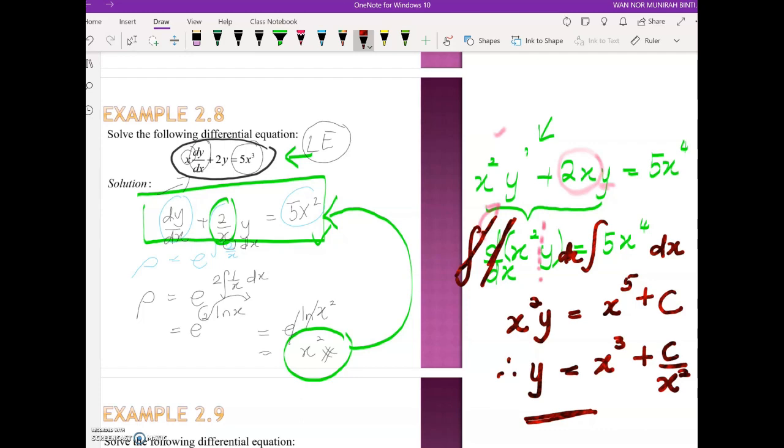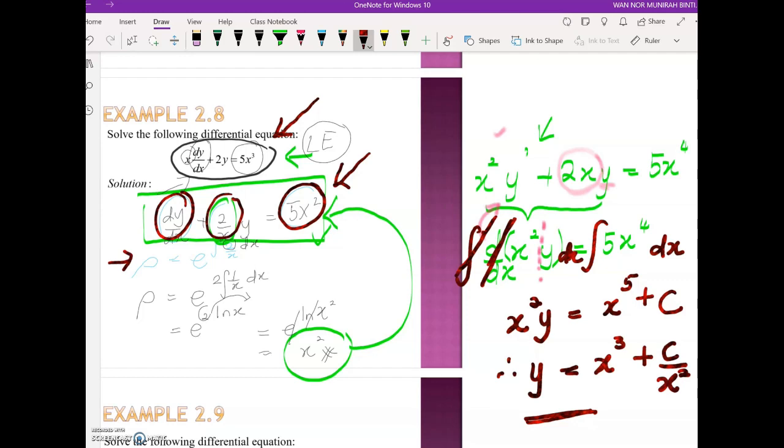So these are the steps of solution. The first thing is to identify the type of equation. So I have a linear equation, and then try to reduce the equation to the simplified form dy/dx plus py equals q. Then find the integrating factor.